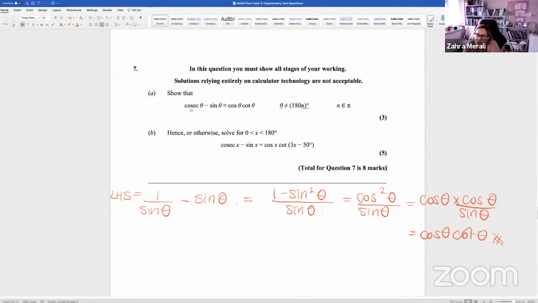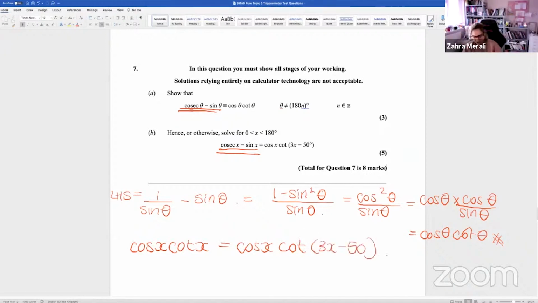Now this threw a lot of students in the exam. It's not actually difficult, it's easier than it looks, but I can see why it may have. So we're going to say, well, this looks like this. So we're going to replace that side with cos x, cot x, and the other side with 3x minus 50.